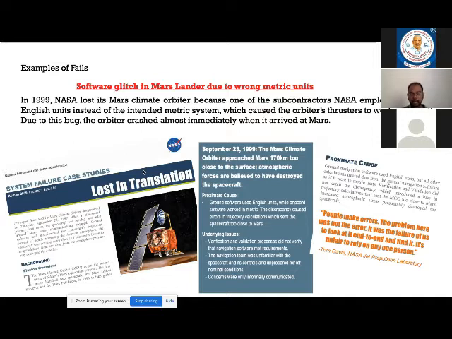I'm not so sure how they missed it, but this resulted in a complete loss in translation, and the product actually crash landed on Mars. They lost the product, which would have been millions and millions of dollars worth of money. And Tom Gavin, one of NASA's Jet Propulsion Laboratory heads, mentioned that people make errors.